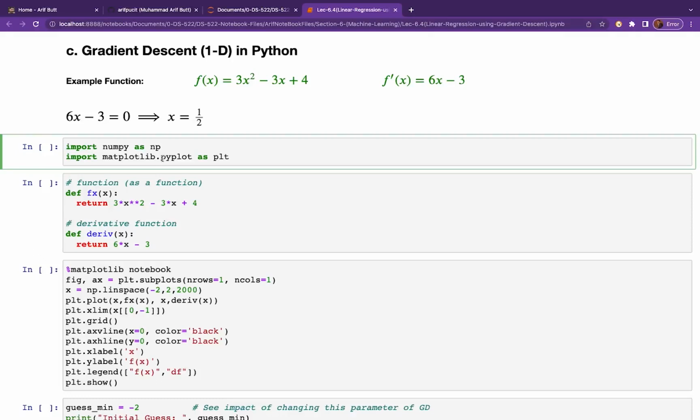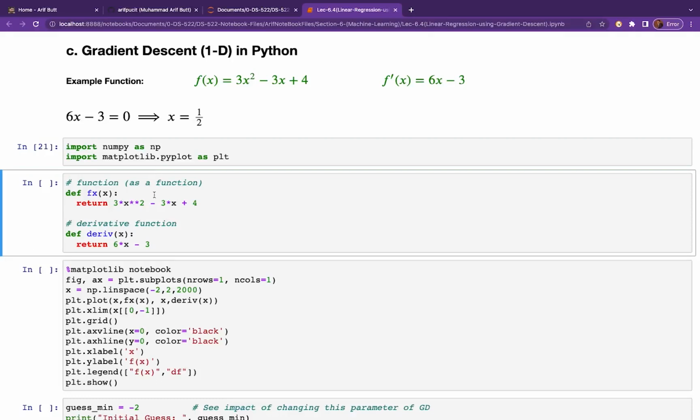Let me import NumPy and Matplotlib. So this is the function f(x), which is passed x, and it returns the value of the function at that value. Similarly, this derivative function is passed x and it returns the value of the derivative of the function at that value. Let me execute the code.